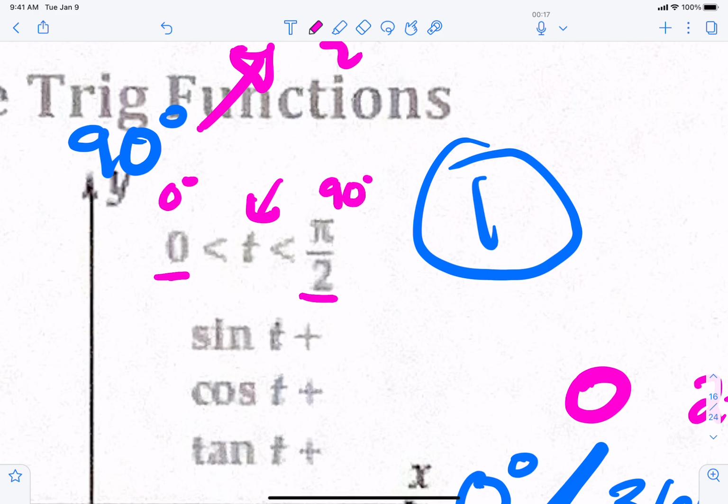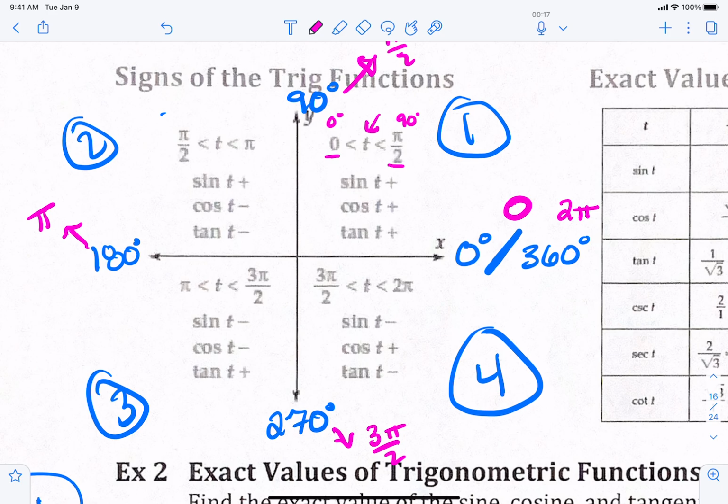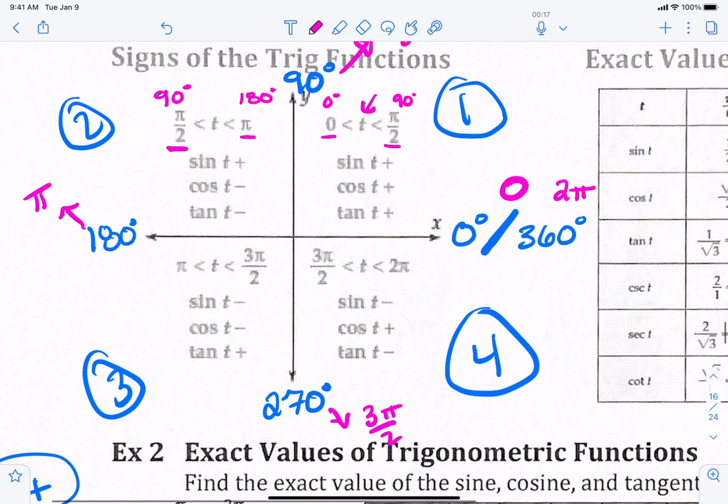Okay, but they're doing it in radians. They want you to think about it. So, between 0 and 90 degrees. Then they say pi over 2 to pi, and that's just a fancy way of saying that my angle is living between 90 degrees and 180 degrees, because we're in radians instead of degrees. If I convert those, pi is the same thing as 180, and 3 pi over 2 is the same thing as 270.